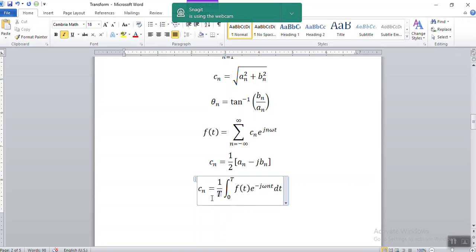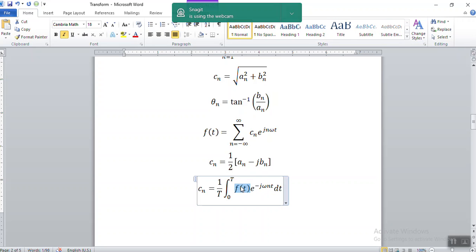So that means it is normalized, and due to the presence of n, which is a discrete integer, this C n is first of all discrete. Second, it is normalized because of the 1 by T. And third, it is periodic because it is over one period. So C n is the discrete, normalized, periodic frequency spectrum of a periodic continuous time signal.